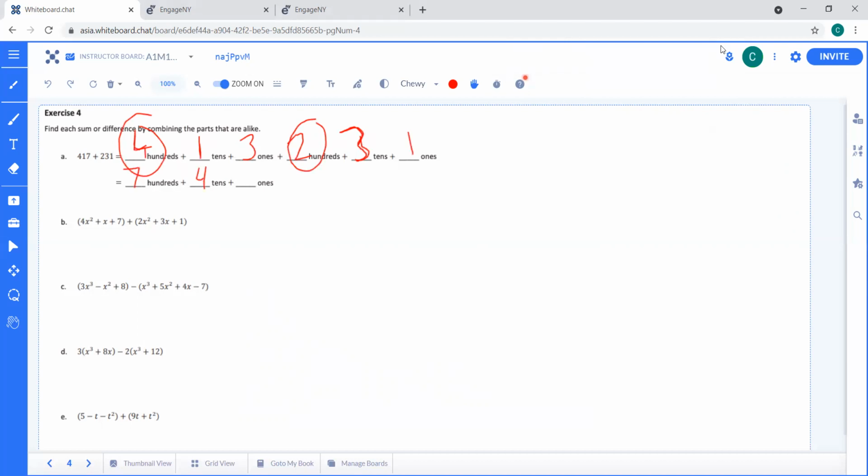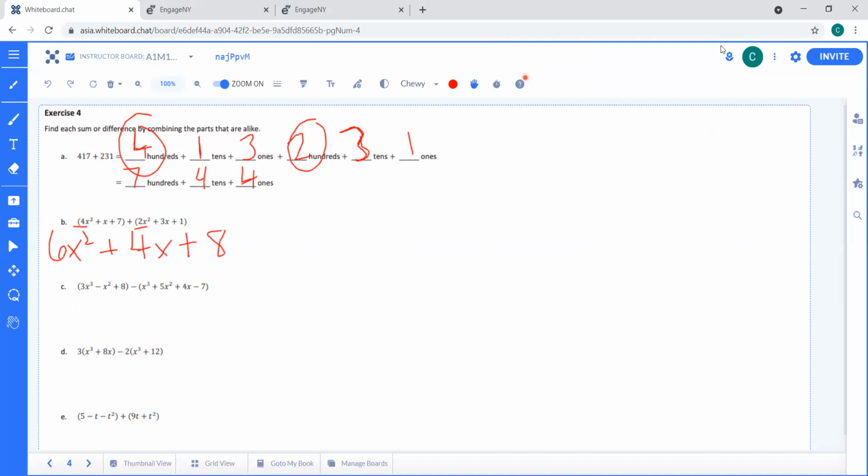Tens is 4 tens plus 4, so 744. Now, same thing here. We are just simply combining like terms. We're not multiplying these together. So 6x squared, when we combine those, our x's are 4x plus 8.